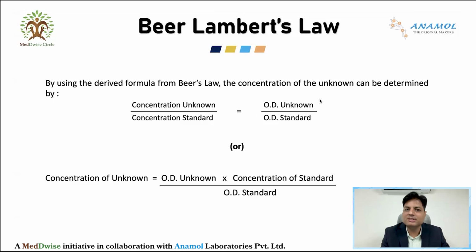So when it goes to the opposite side, it will change its position from denominator to numerator. So OD of unknown multiplied by concentration of standard, then again here the OD of standard. So this is the formula for identifying the concentration of unknown value from Beer Lambert's law.